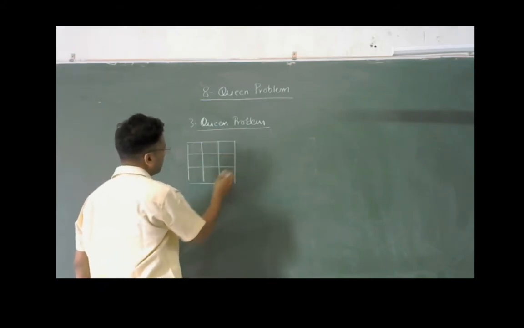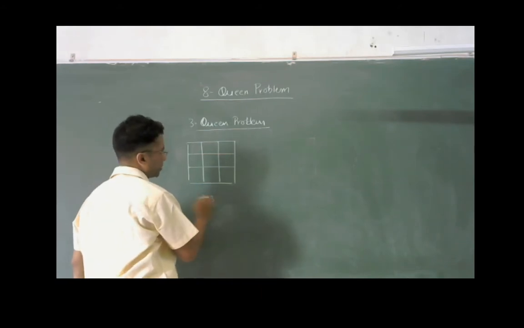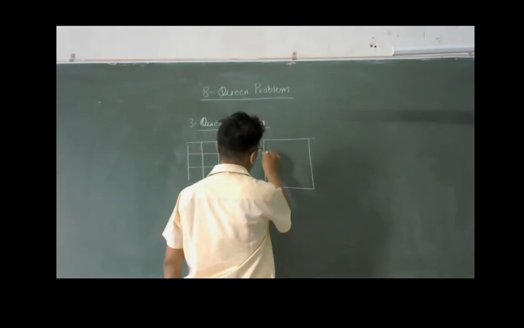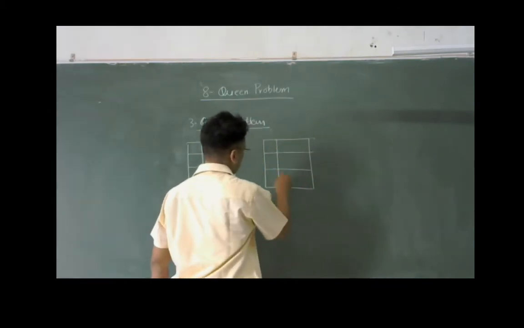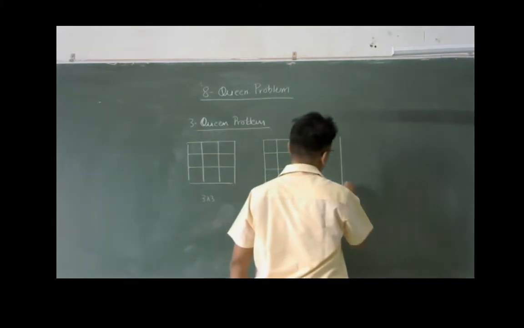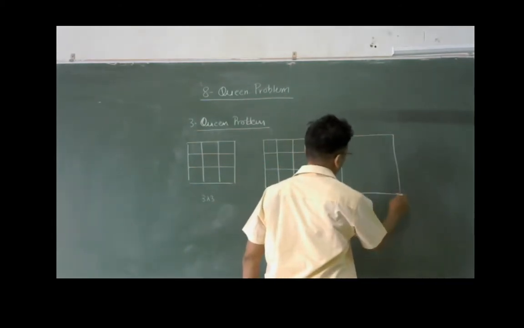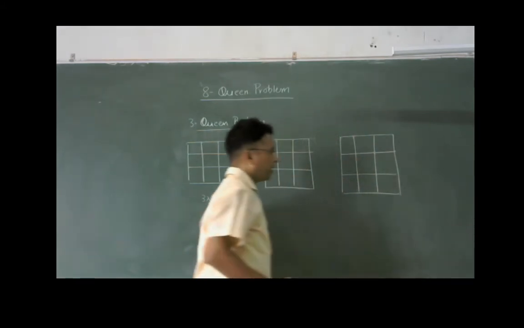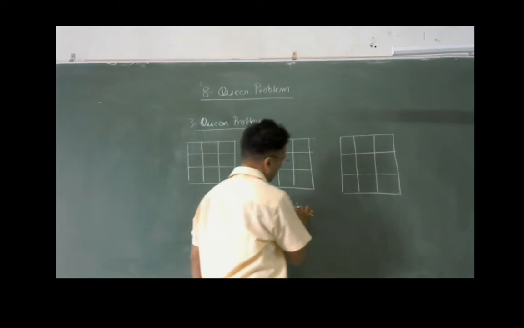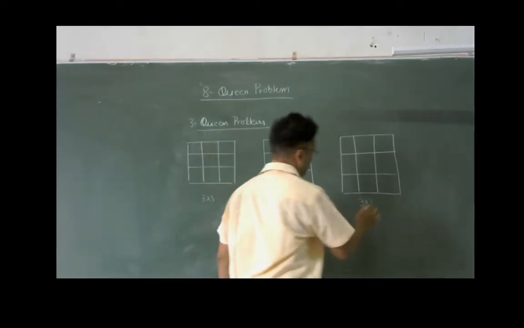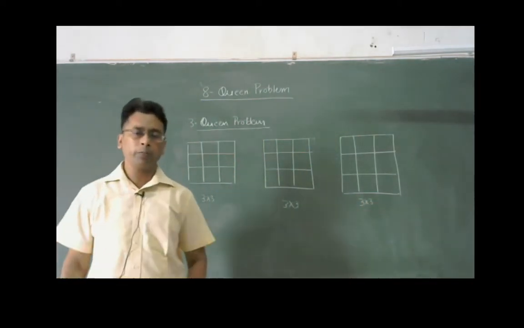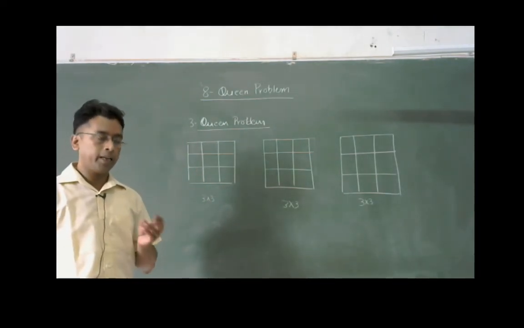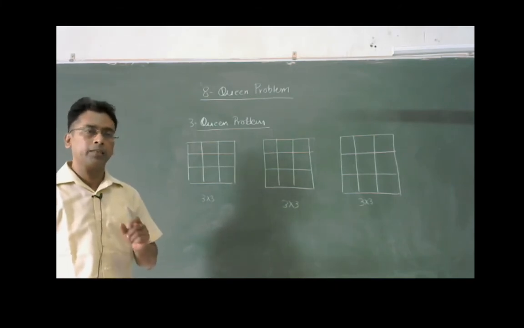In the 3-queen problem, the chessboard will be of size 3 cross 3, right? And as in a single row we can place only a single queen.